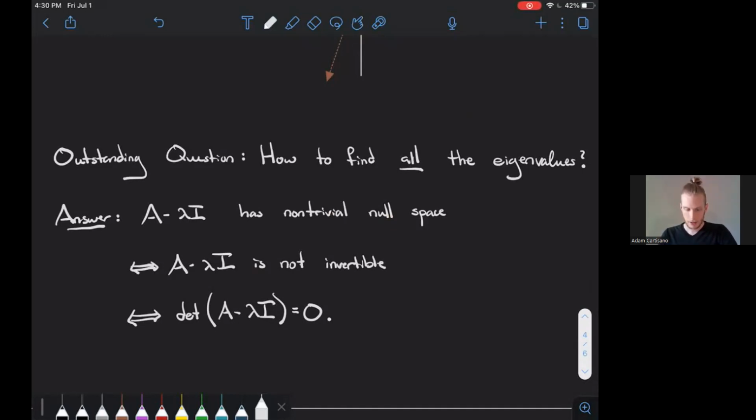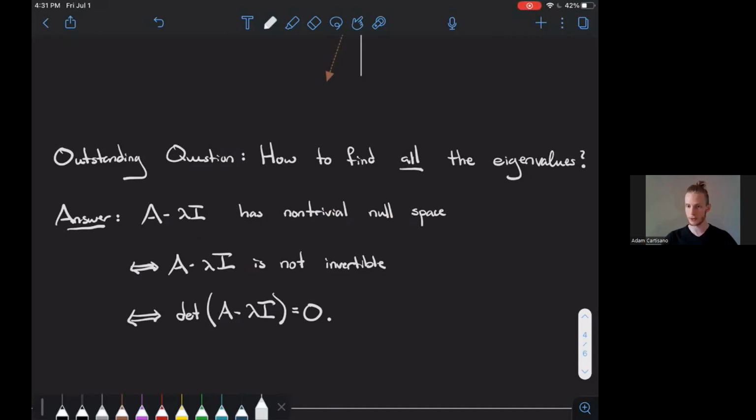So the question is, how can you go and find all the eigenvalues? Well, an eigenvalue is a number lambda such that this A minus lambda I has a non-trivial null space. To have a non-trivial null space is the same as not being invertible. That's like triple negative or something like that. From the fundamental theorem of invertible matrices, a matrix is invertible if it has a trivial null space.